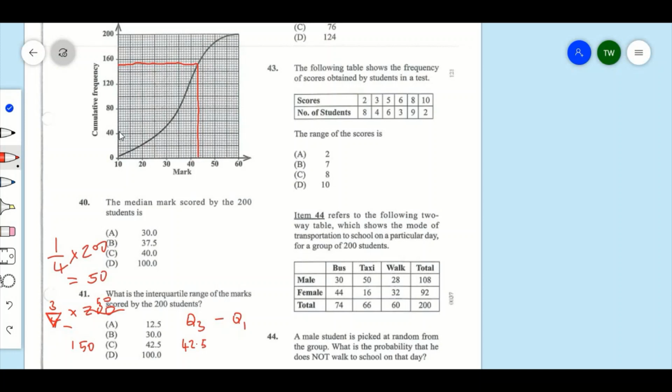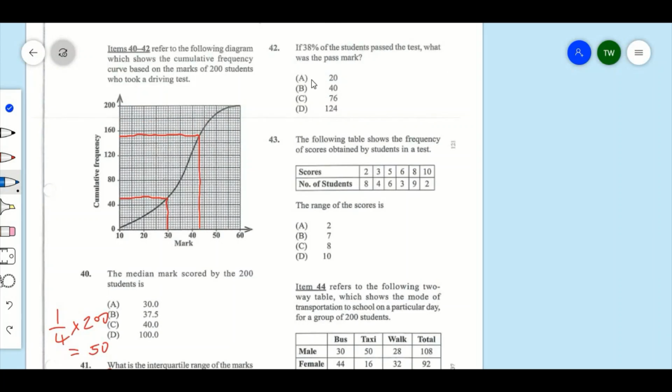So this is going to be 44, then we have 48, and then 50 is just about halfway between here. So we go across. The value for Q1 is going to be 30. So it's going to be 42.5 minus 30, and that's going to give us 12.5. So the answer for question 41 is going to be A.